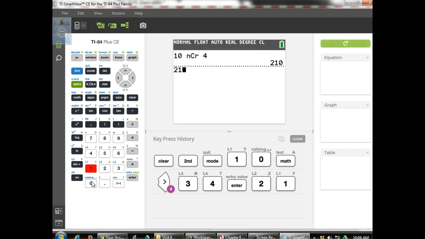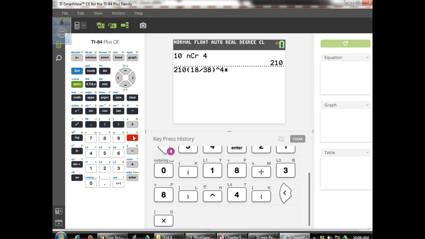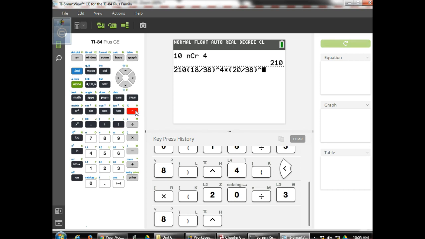So then it's just 210, and then now I'm going to raise 18 divided by 38 to the 4th power, and then multiply by 20 over 38, and raise that to the remaining 6 trials, and that should give me the right answer, 0.2247.